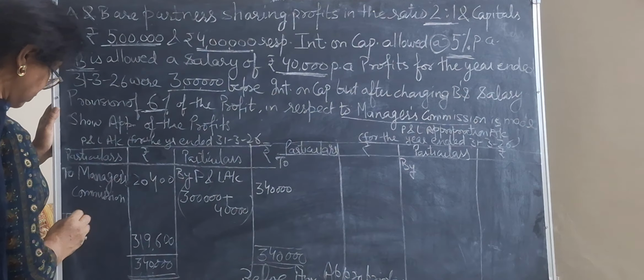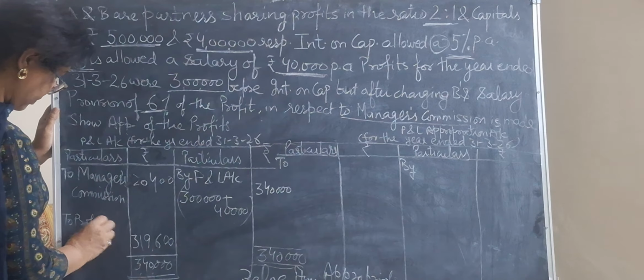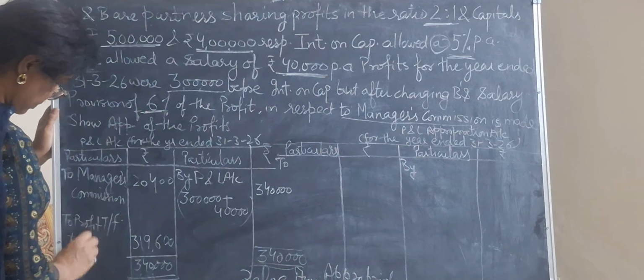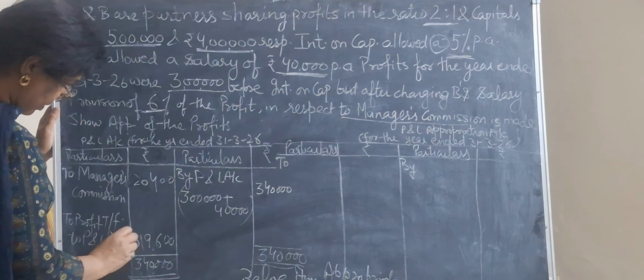This is the profit transferred to the P&L appropriation account.